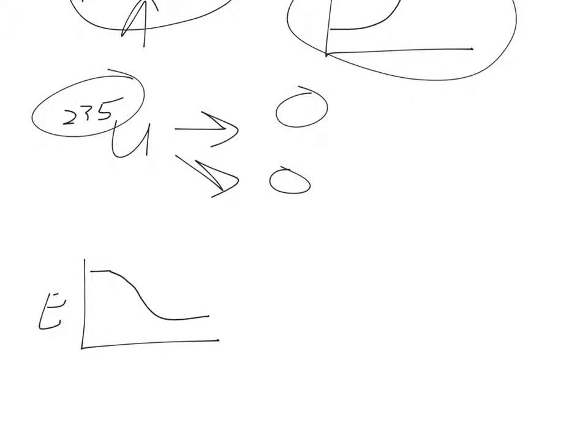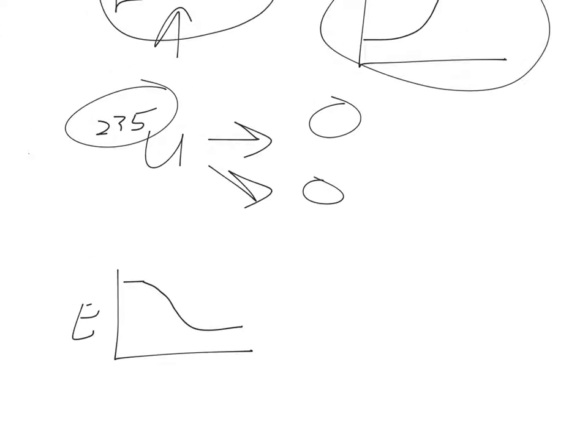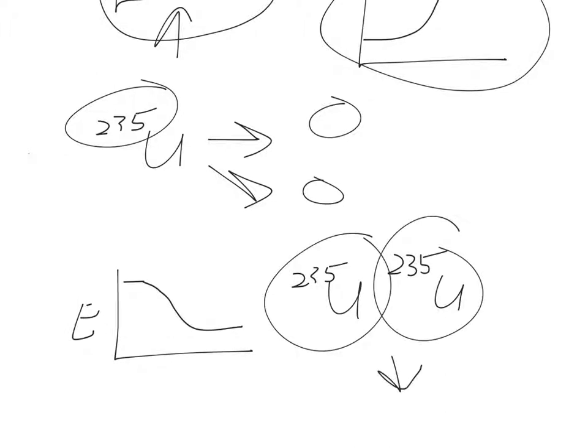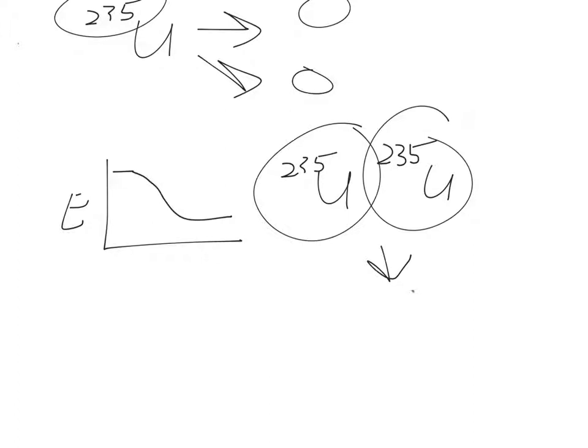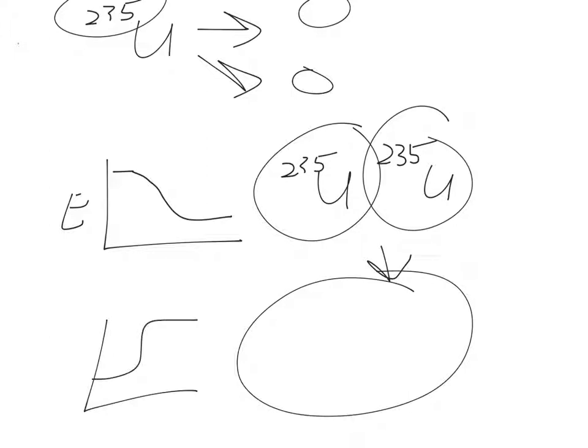So uranium, we could take a uranium-235, smash it into another uranium-235, these are huge atoms, and fuse them into some humongous atom. It would be gigantic. But that would take energy. That would take a lot of energy. And so it's not making it more stable, it's making it less stable.